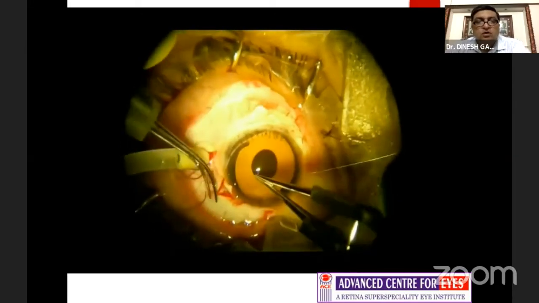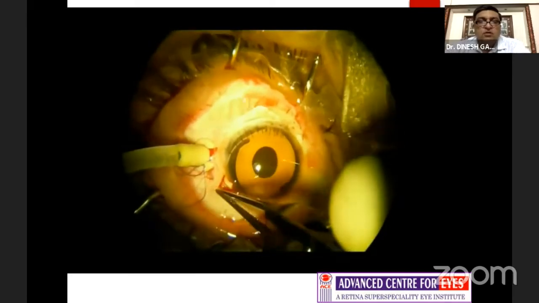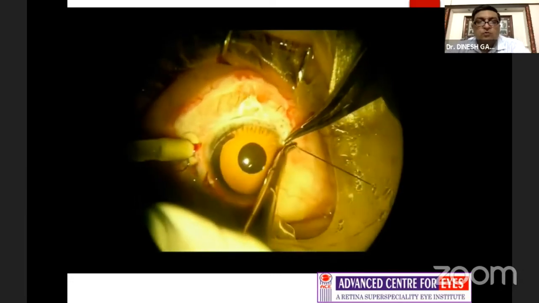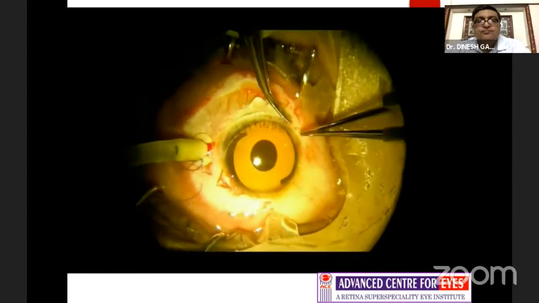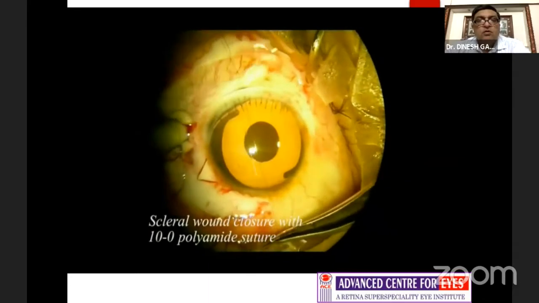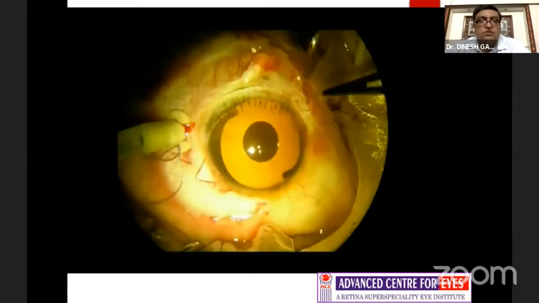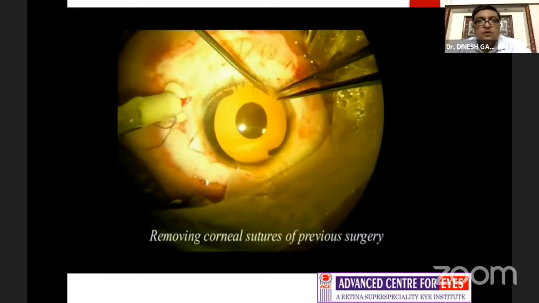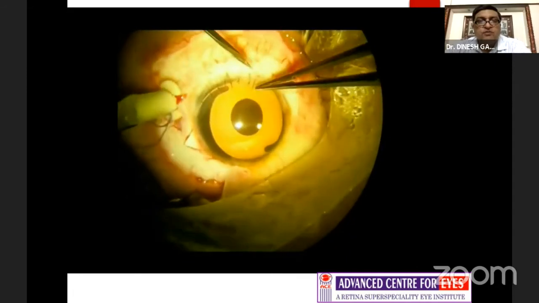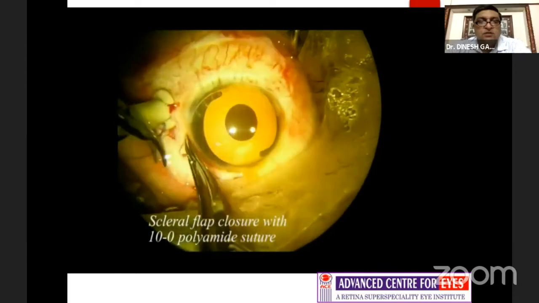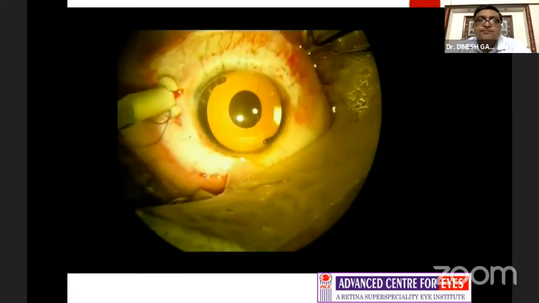You can see a lot of egression of fluid, but the intraocular pressure is maintained because there is a continuous flow of fluid from the pars plana cannula. Then the large wound again needs to be sutured with a 10-0 polypropylene. And these are the sutures of the previous surgery, because he had a trauma with a large wound, and the whole of the lens and the iris diaphragm was pushed out.